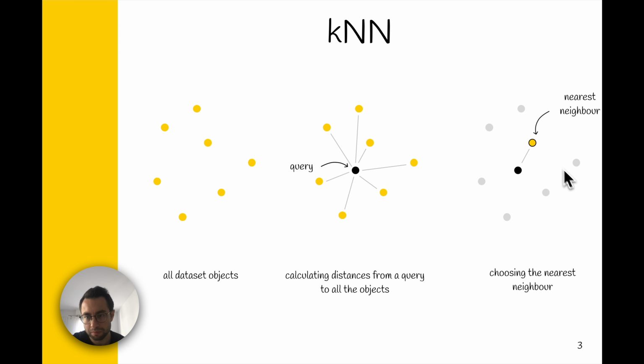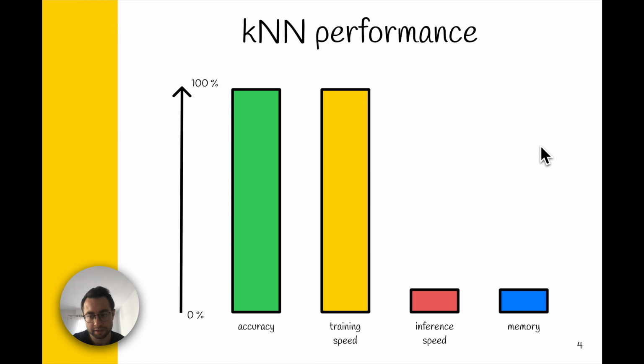And then, based on the distances that you've got and on the metric that you chose from the previous slide, you get the nearest neighbor and you return this as an answer. And of course, as I said, the problem with this algorithm is that it performs literally linear search, and in order to get the answer, you have to look up all of the possible neighbors, and it takes a lot of time.